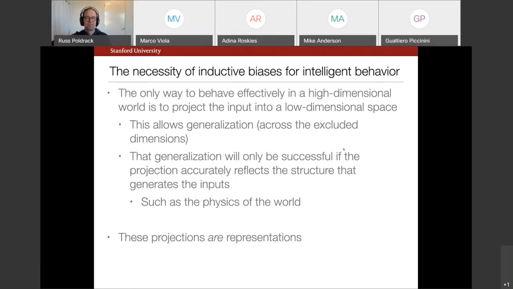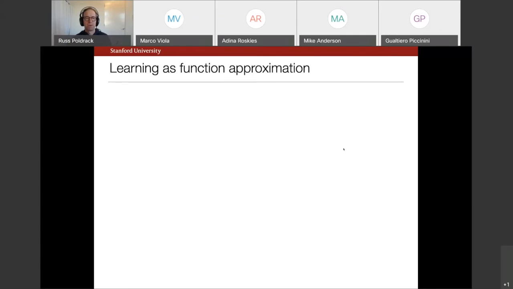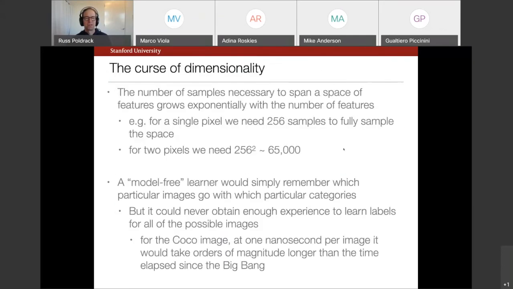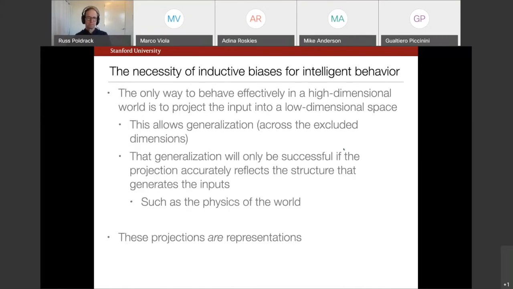In the case of my image of Coco, the fact that this is a black and white photo and this is a color photo, we're going to generalize over those for the purpose of recognizing objects, at least in this case. But importantly, that generalization is only going to be successful if it accurately reflects the structure that generates the inputs, which in this case is the physics of the world, and presumably the physics of our eye and a few other things.